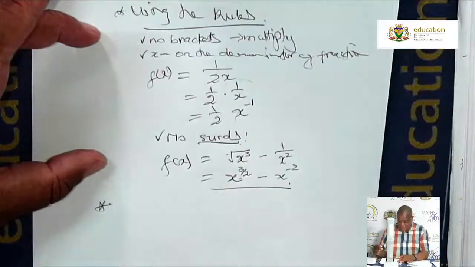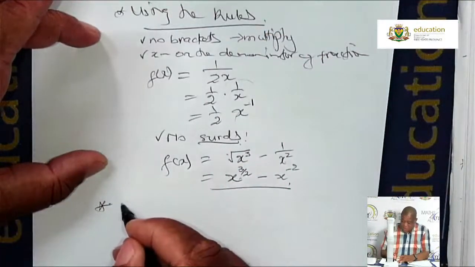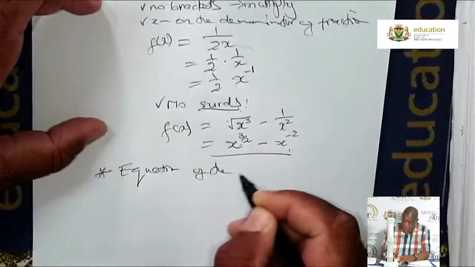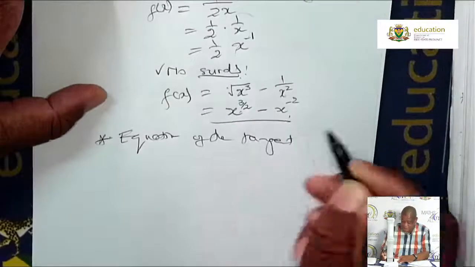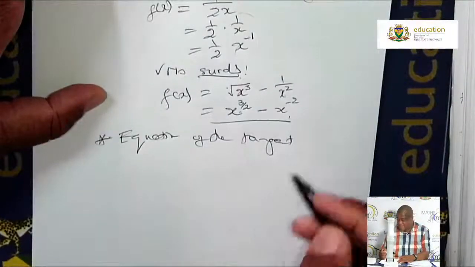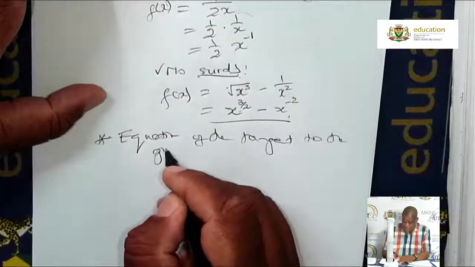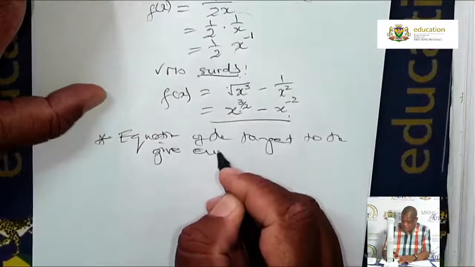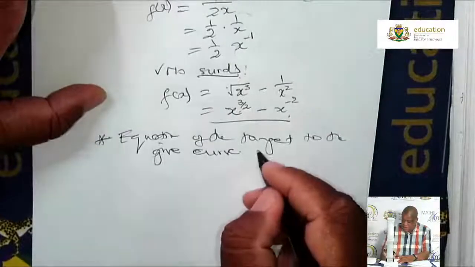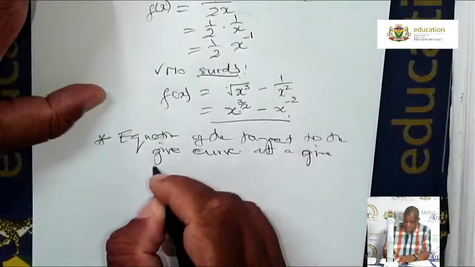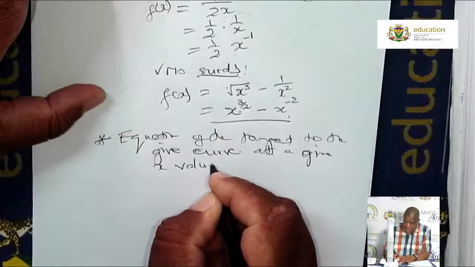They can ask it somewhere, but let us know how to find the equation of the tangent to the given curve at a given x value. Let us be careful of that.